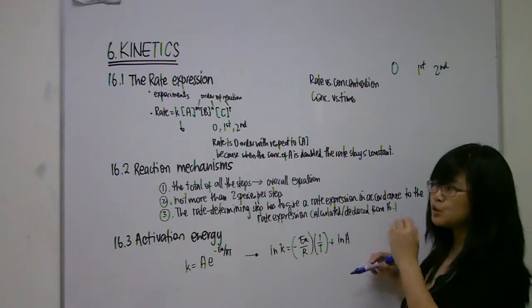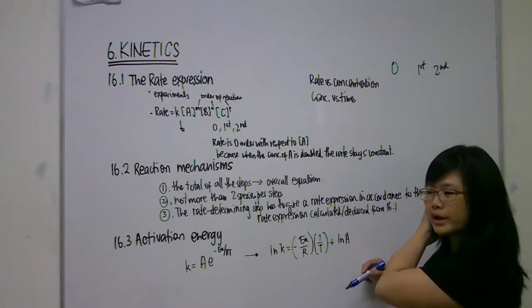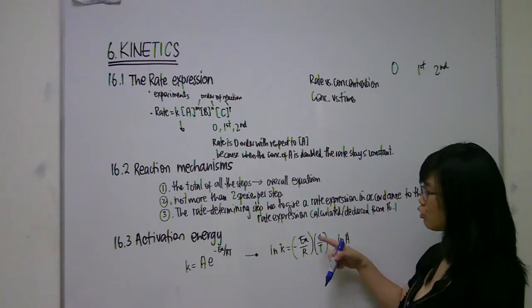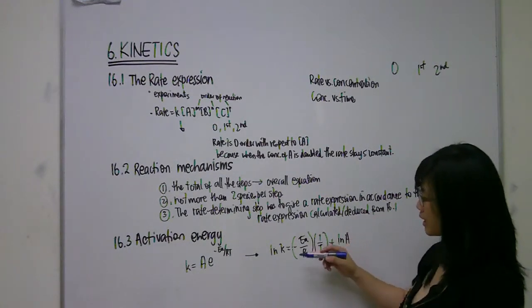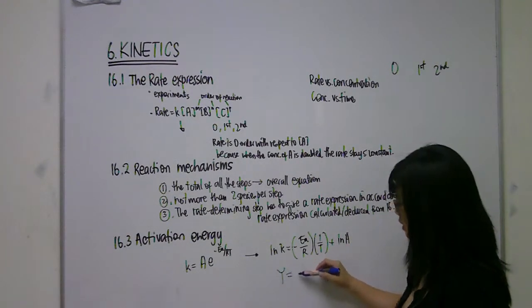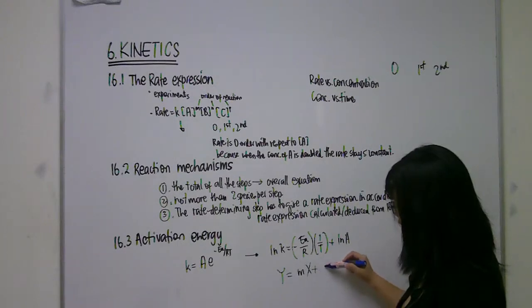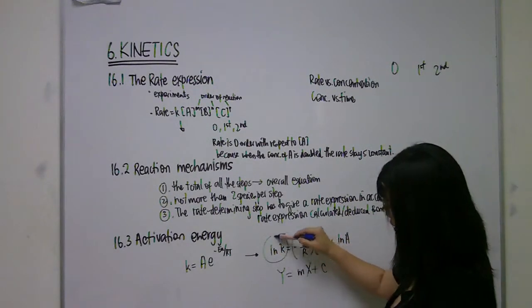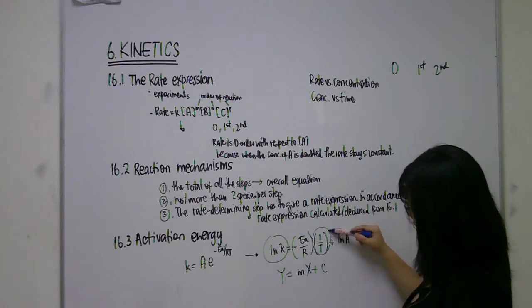Students who did math or additional math in O levels or IGCSE should know about this. So this is like a straight line equation where your y-axis is ln k, your x-axis is 1 over T.